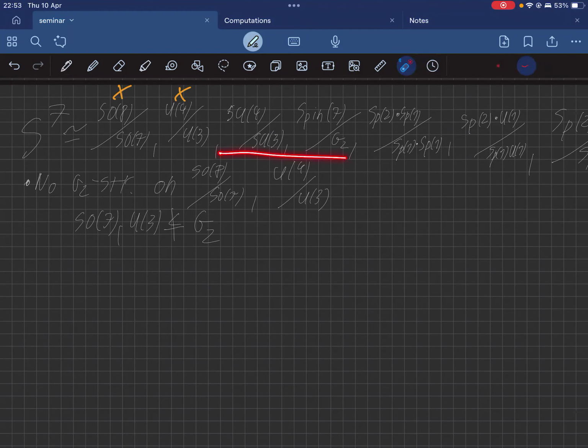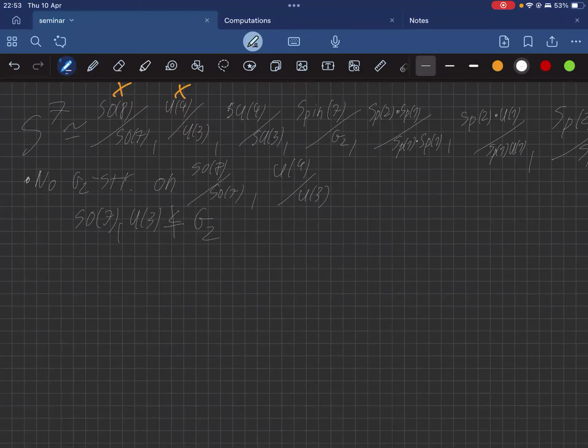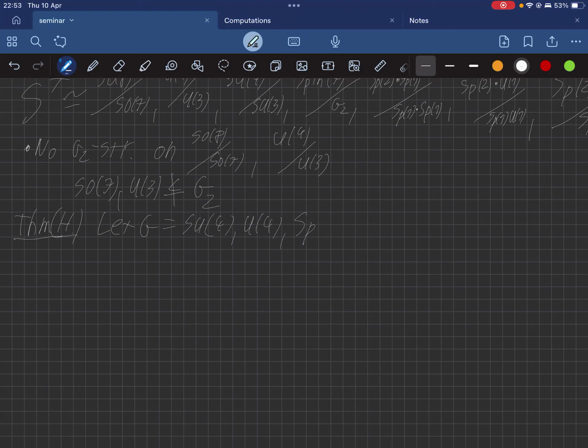Interestingly, for the next three cases, we actually managed to compute the Poisson equation and solve it. So the following theorem. Let G be either SU4, U4, or Sp2 dot Sp1.